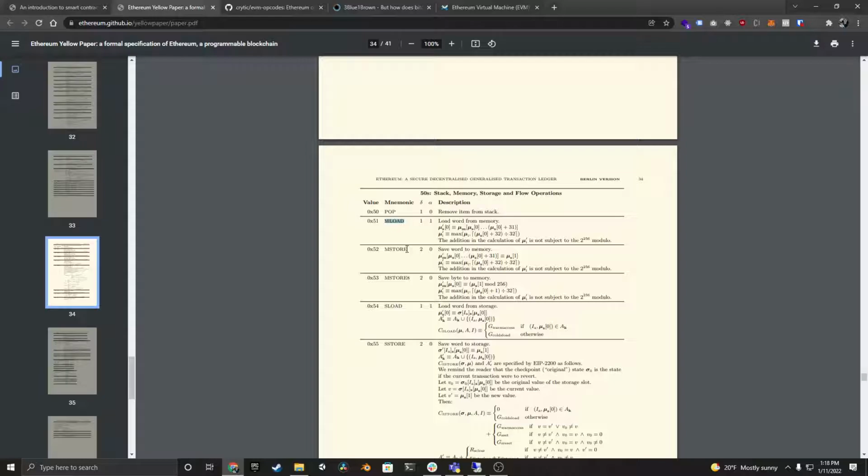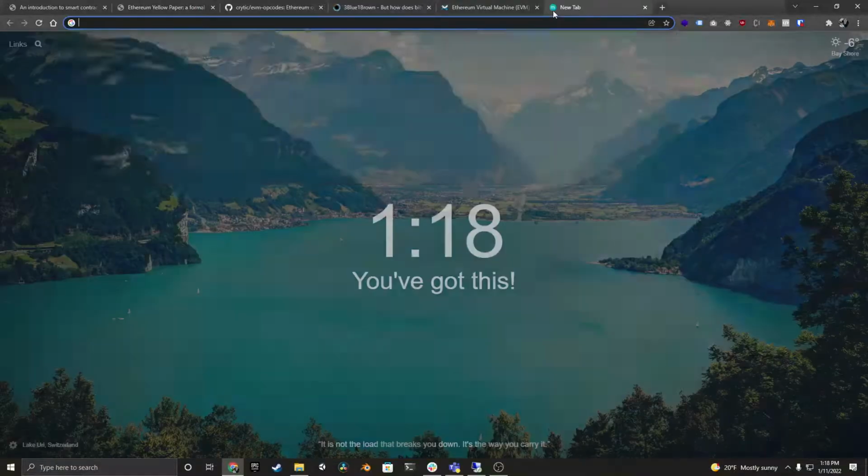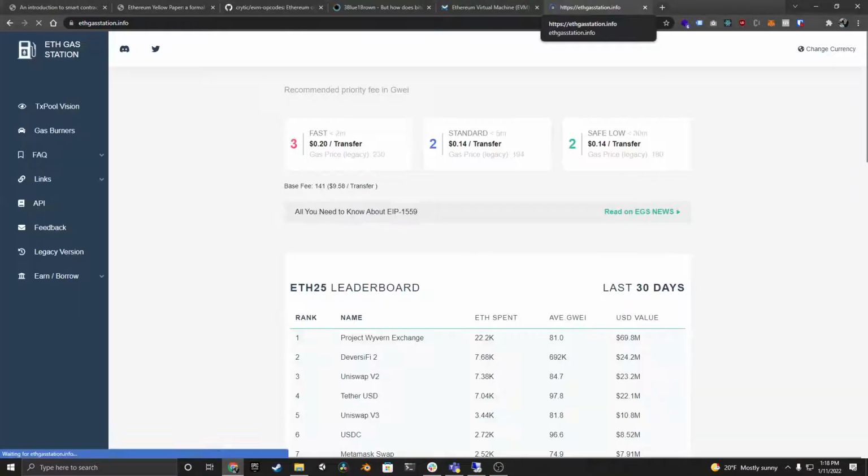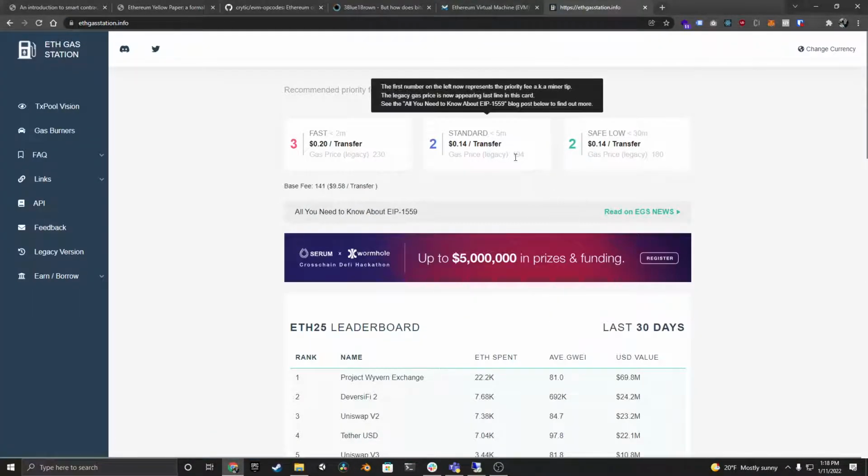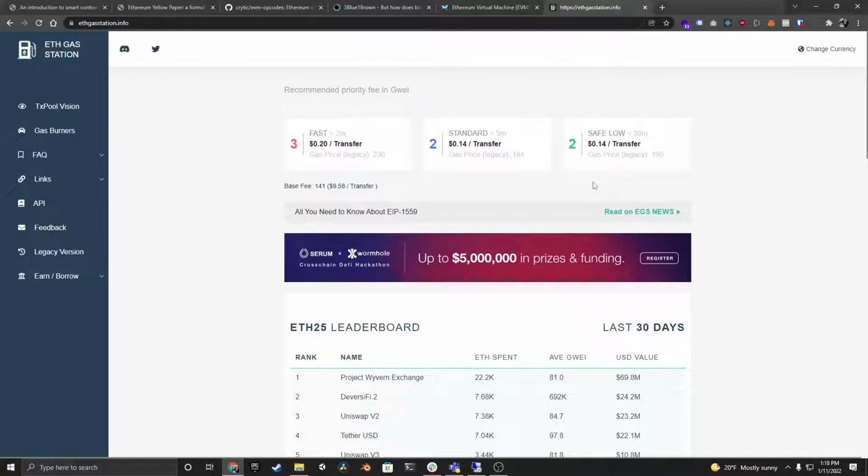So the price of gas changes over time as the network is congested or if the network isn't congested. Lately, it's been always congested and gas prices are through the roof. So you can always look at gas prices through various different sites, but you can see as of this recording, the gas price is at what's called 194 GWEI.